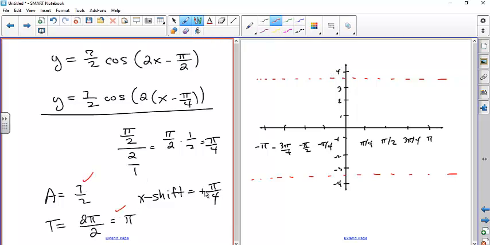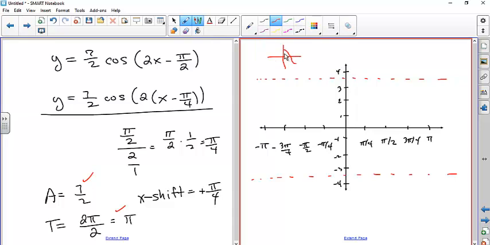My x shift. So what I do is I'd think about the cosine function. The cosine function normally looks like this. Starts at 1, goes down. So normally I would start here and then we go down to here, to the negative, back to 0, back up here. So that would be my normal cosine function.